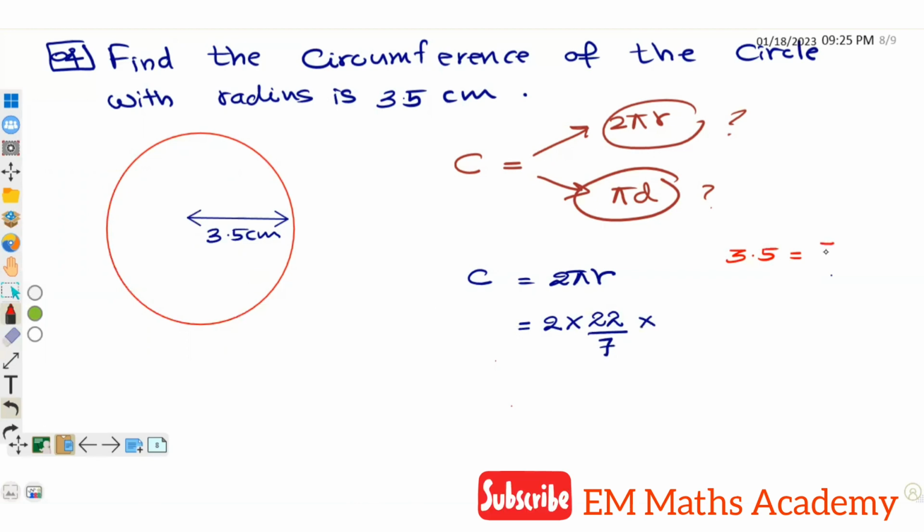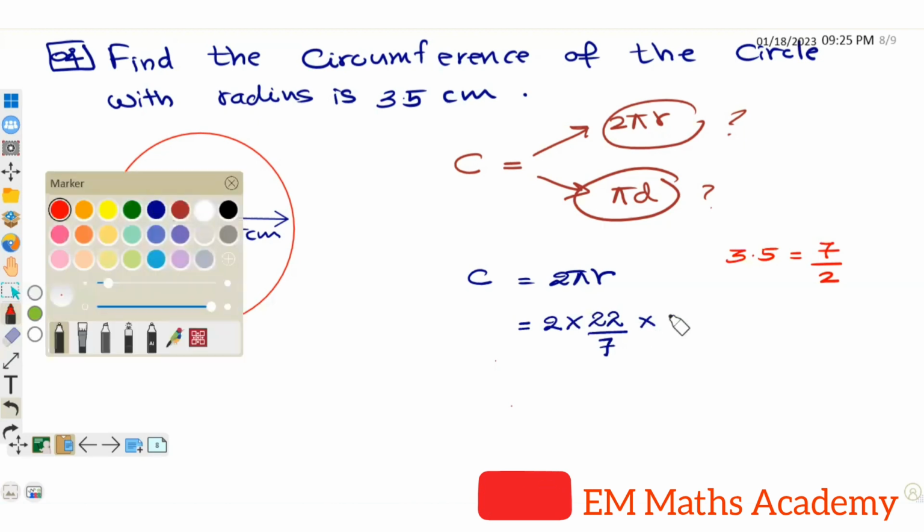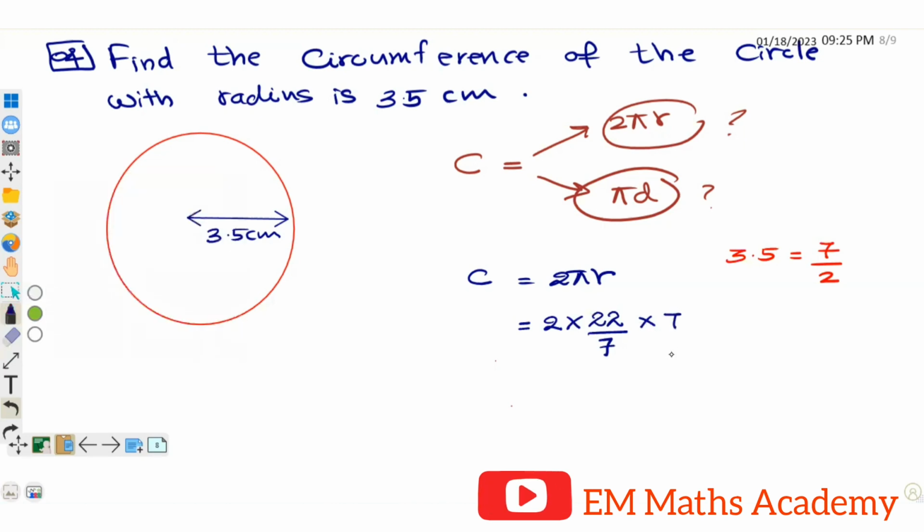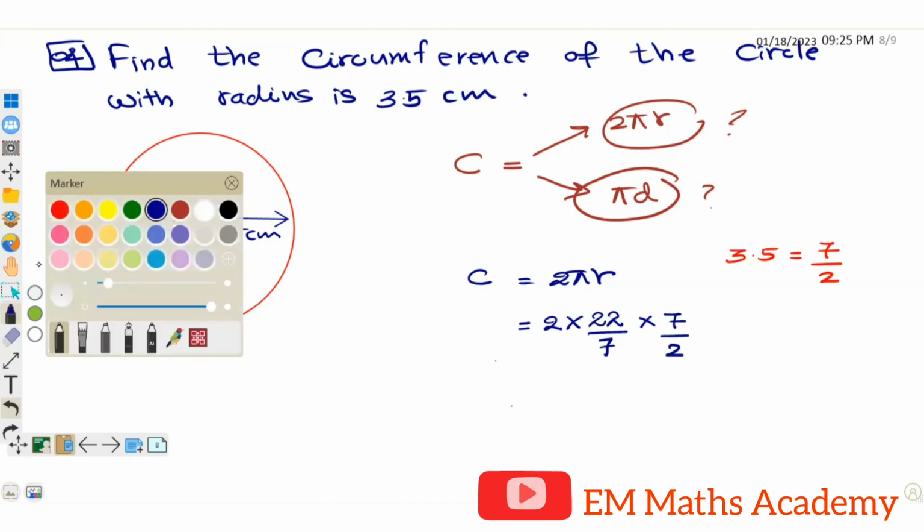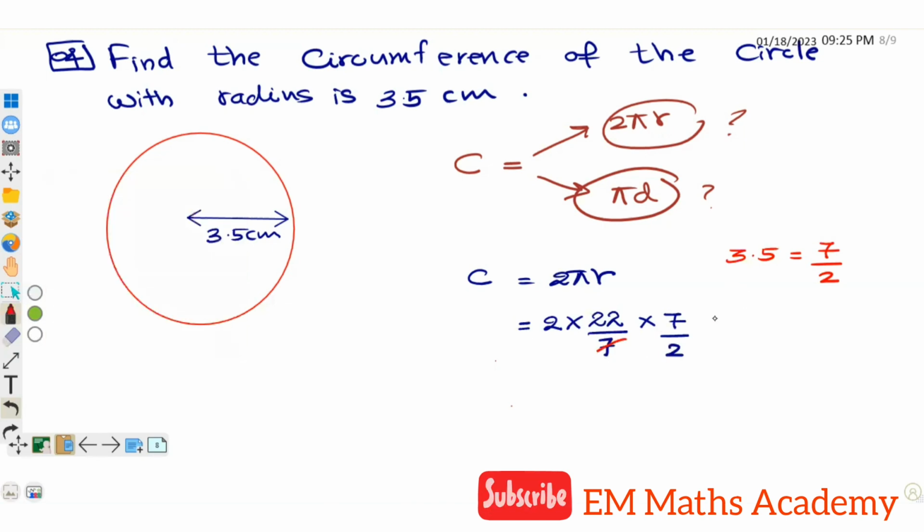It is 7 upon 2. Okay. Likewise, it is very easy to simplify then. 7 and 7 cancel. Here 2 and 2 cancel. Then the answer is 22 centimeters.